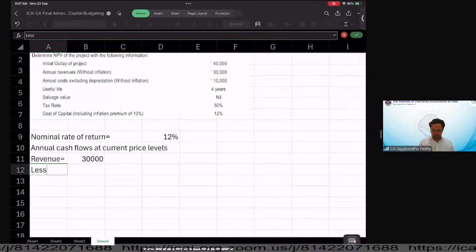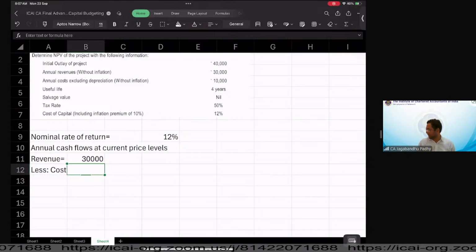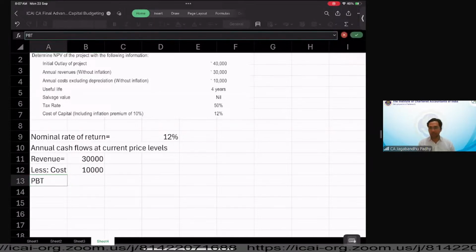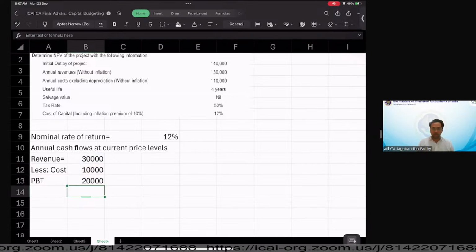From that, we need to reduce the cost. Cost will be 10,000, as specified. That will give us a profit before tax, so profit before tax is 20,000.